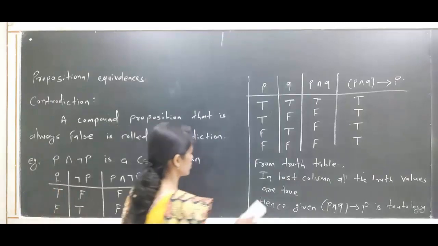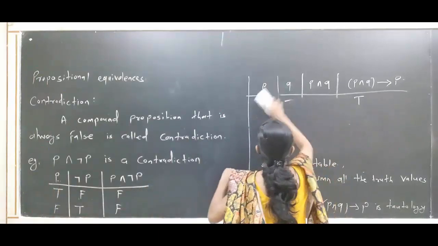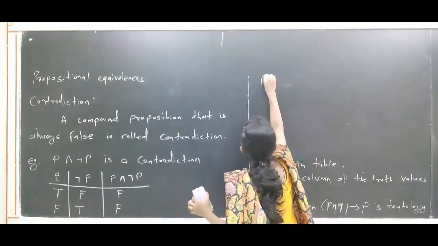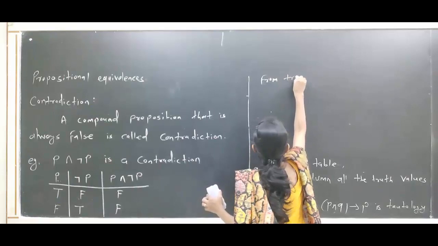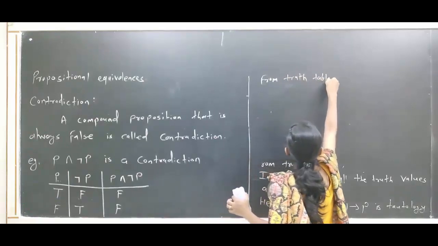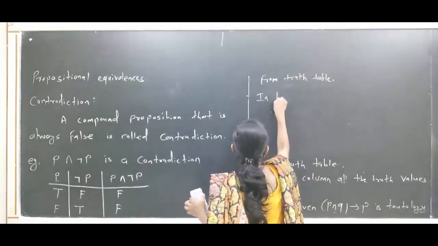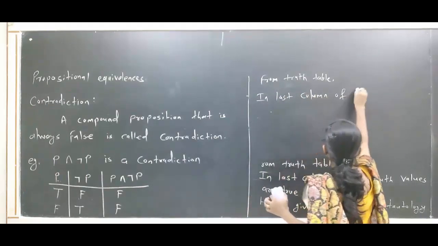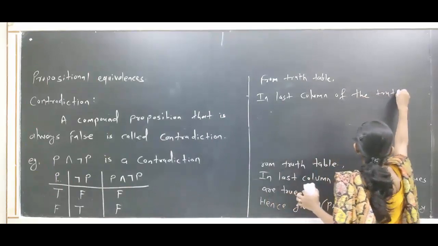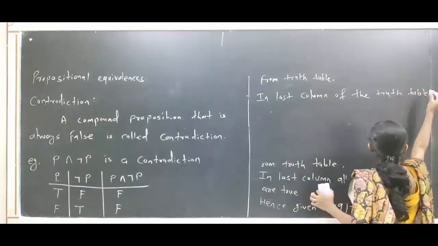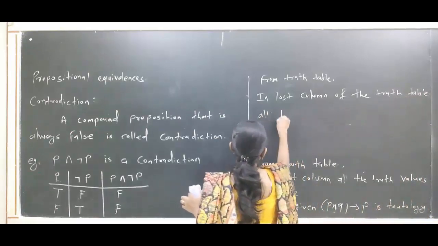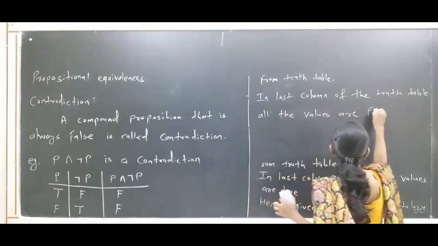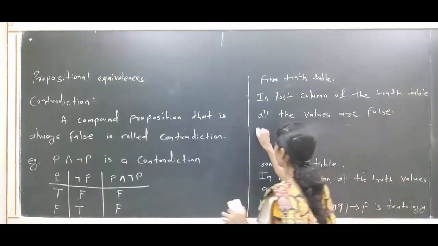So write down: from the truth table, in the last column all the values are false.